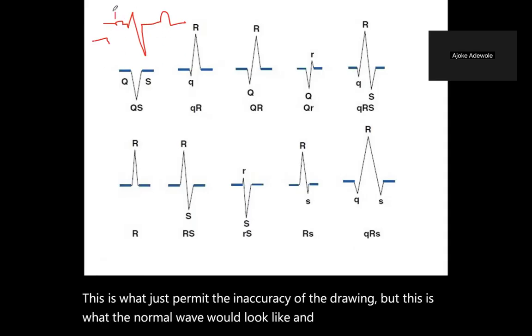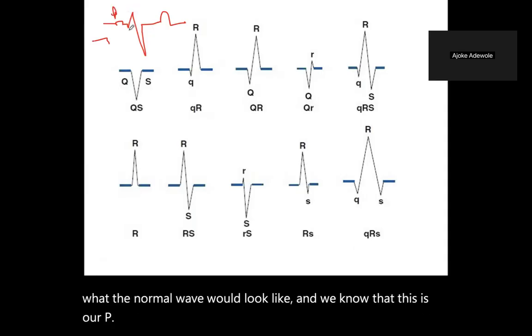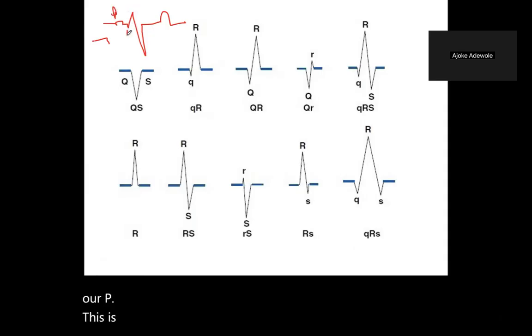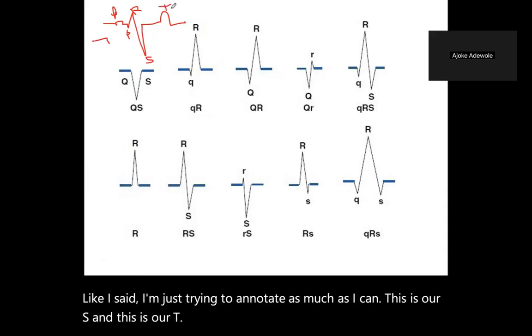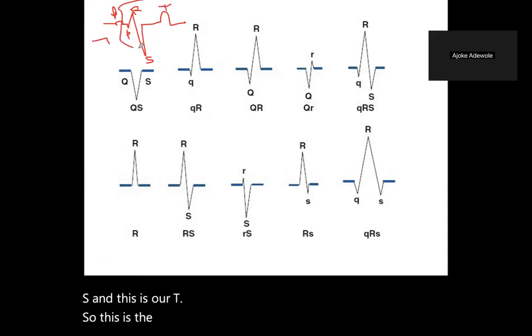We know that this is our P, this is our Q, this is our R. Like I said, I'm just trying to annotate as much as I can. This is our S, and this is our T. So this is the QRS model we're trying to represent.